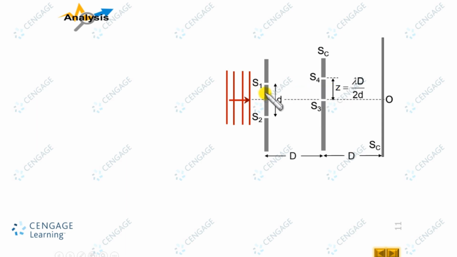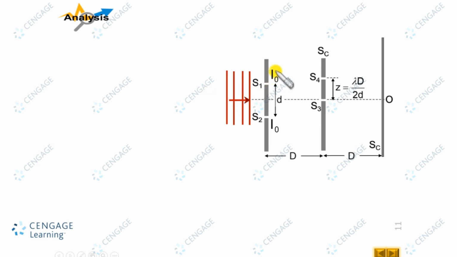So here, first of all, we need to calculate the path difference at S3 and S4 for getting the intensity at screen number 3. You can observe here slit S3 is symmetrical with respect to S1 and S2. That means the path difference at S3 should be equal to 0.